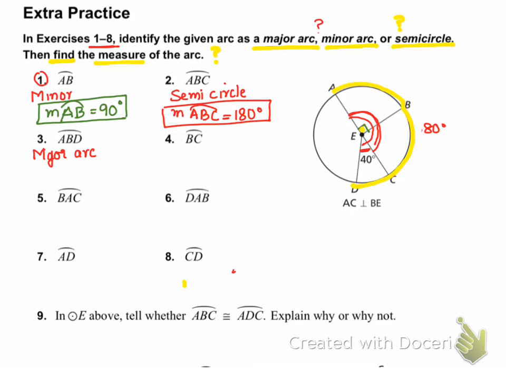This is 40 degrees, and this is already 180, so you just add them. The measure of arc ABD is equal to 180 plus 40, and that's going to be 220 degrees. So the whole yellow arc is going to be 220 degrees as well.